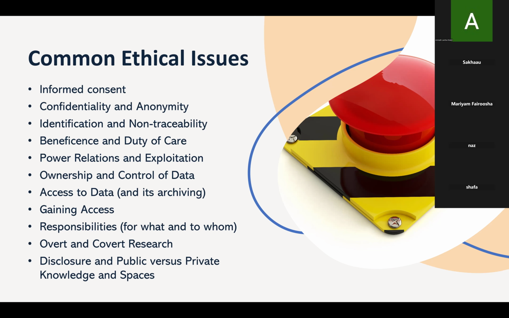And then the other is overt and covert research. Mostly our research has to be open, clear, and informed. There may be cases where we take data without the participant knowing that we are collecting it, because in some research you need to conceal some information if you are going to have authentic data.